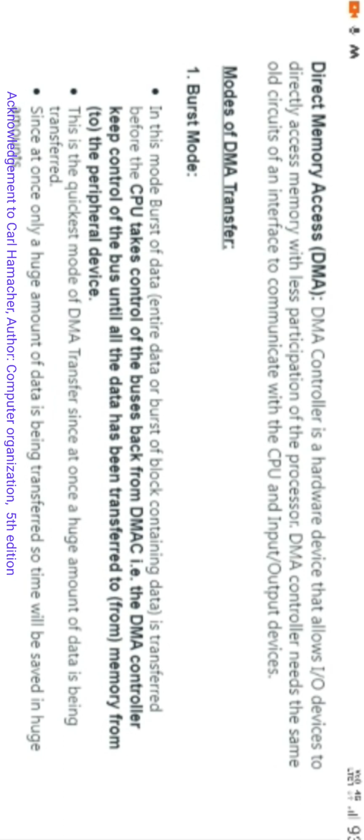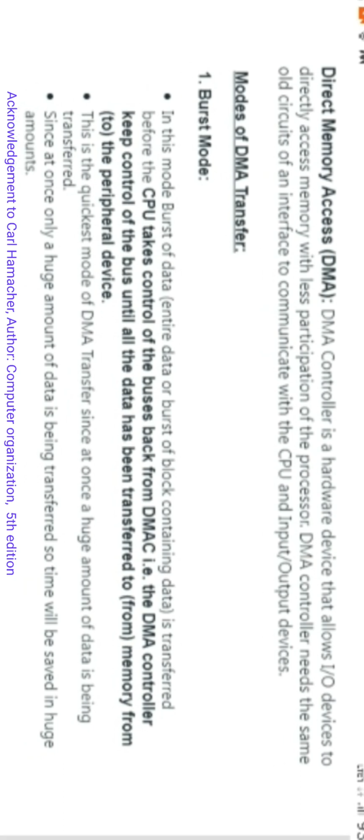We already know that direct memory access, that is DMA, is one of the methods of data transfer between main memory and external devices, where a huge block of data is transferred without the intervention of the processor.